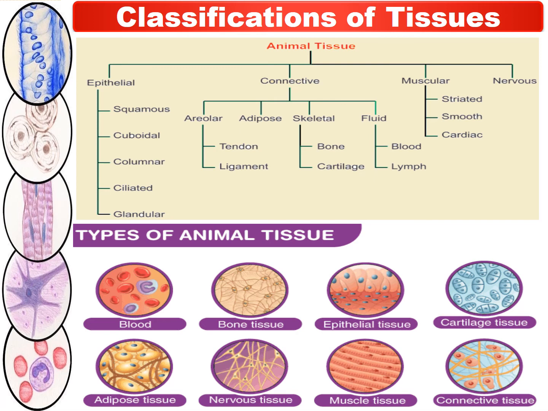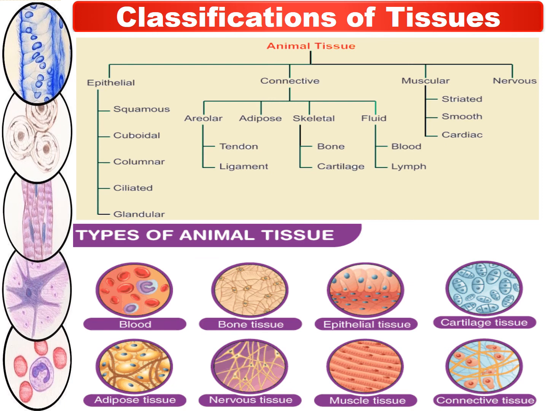Then the third one is the skeletal connective tissue, which is further categorized into two: the bone and the cartilage. The fourth connective tissue is the fluid type, which is the blood and the lymph. Whereas the blood is the largest fluid connective tissue of the human body.